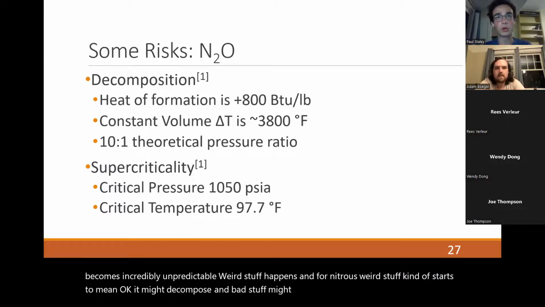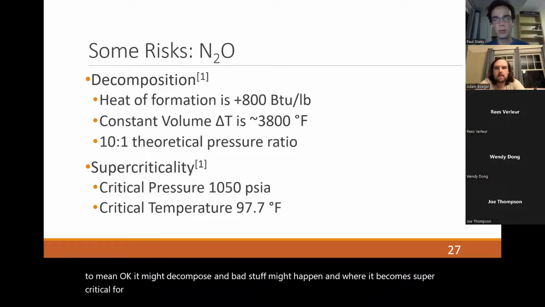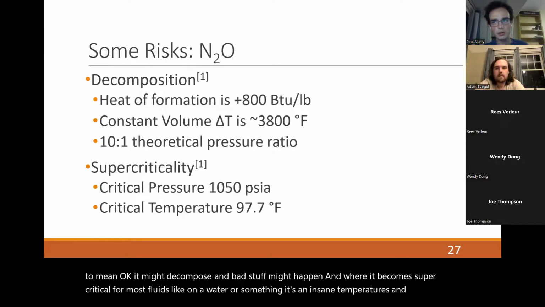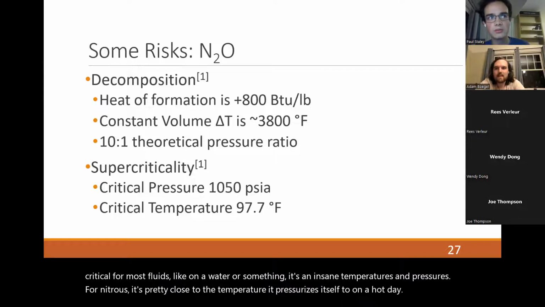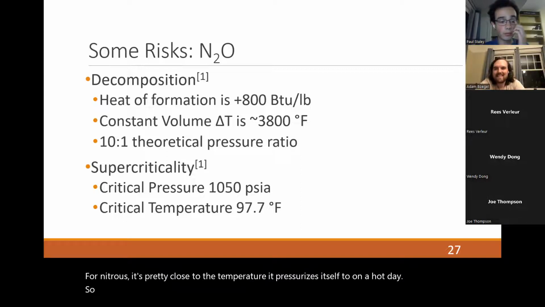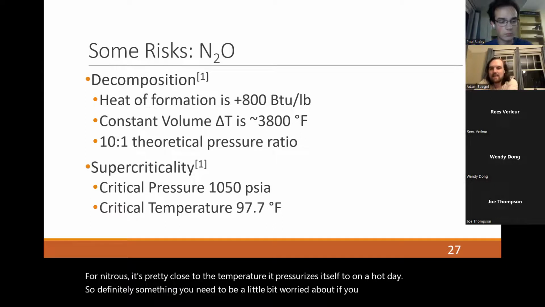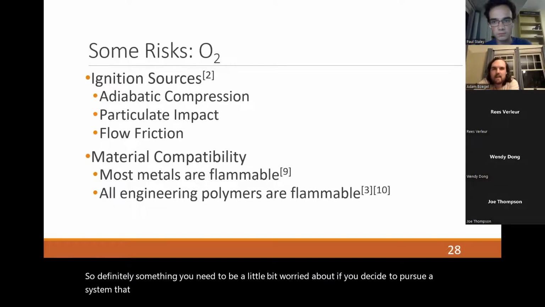And where it becomes supercritical, for most fluids like water, it's at insane temperatures and pressures. For nitrous, it's pretty close to the temperature it pressurizes itself to on a hot day. So definitely something you need to be a little bit worried about if you decide to pursue a system that uses this oxidizer.